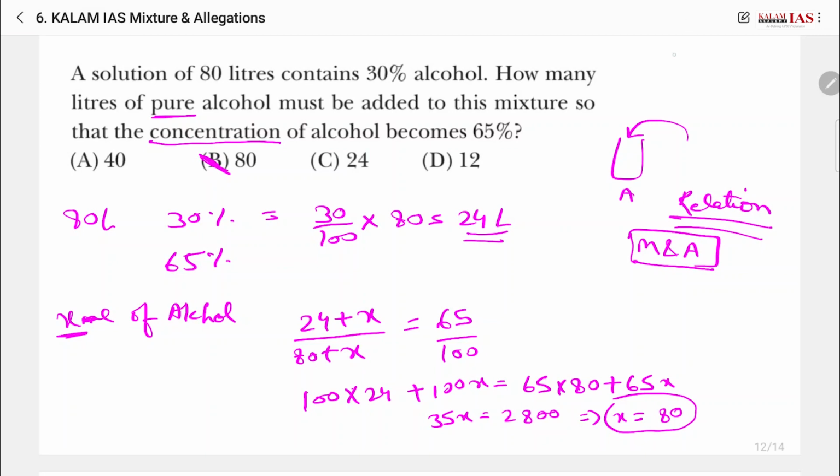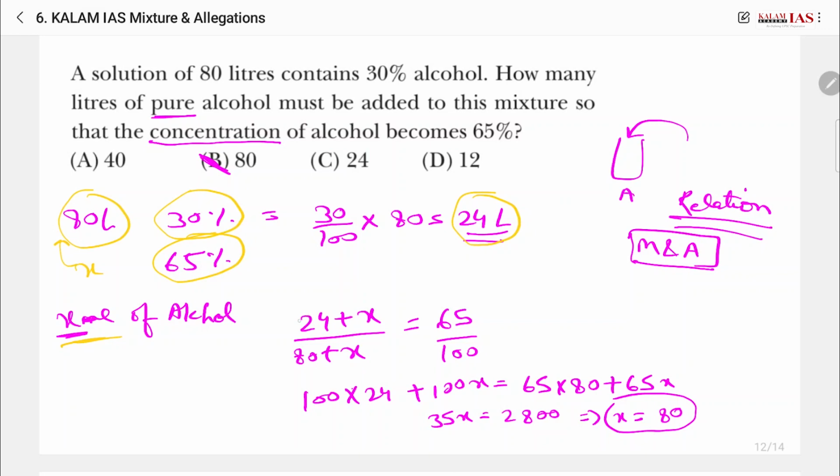I hope the question is clear. It was a simple question. We have to again just keep track of what is happening. Initially, the solution is 80 liters and it has 30% alcohol. That means it has 24 liters of alcohol. Now they are asking what amount of alcohol should be added into this mixture so that the alcohol percentage becomes 65%. Suppose we add x liters of alcohol.